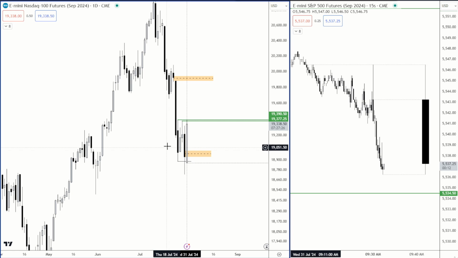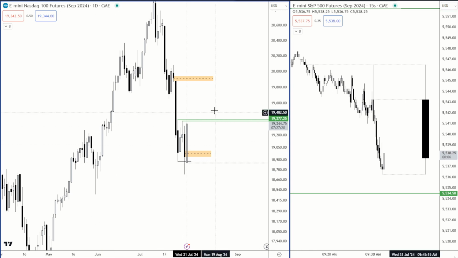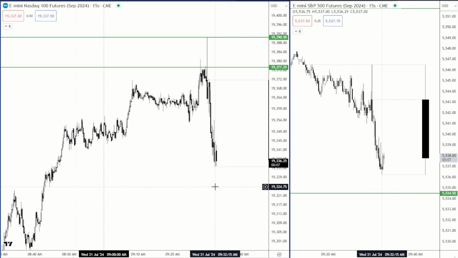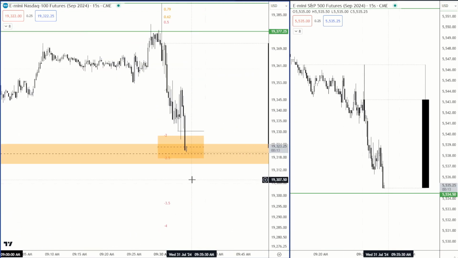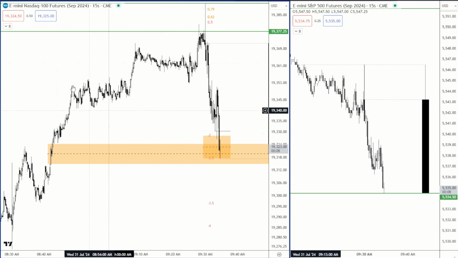CRT here, right? Daily candle CRT. Failed to close below this range low here. Turtle soup. Attack the range high. So I end up getting back to this wick, but we rejected it. Hit this FEG.